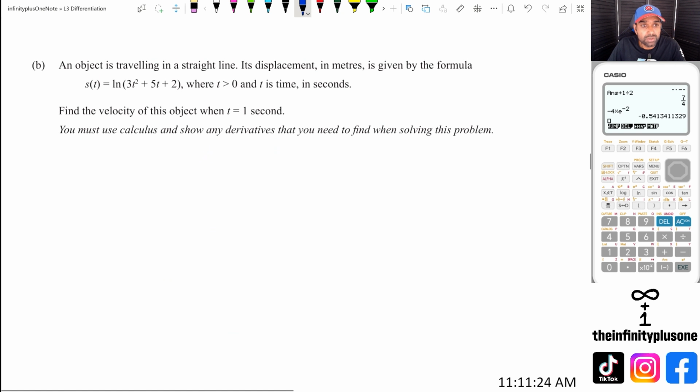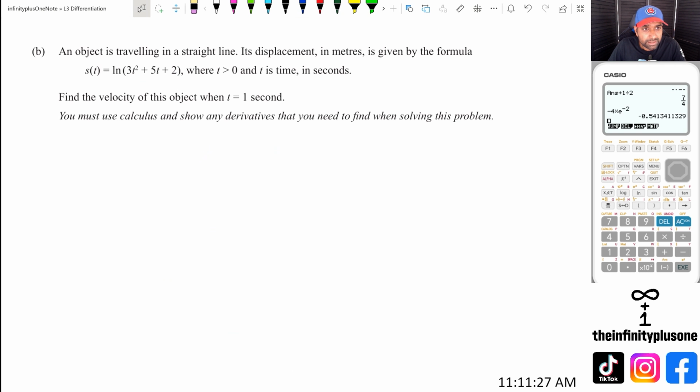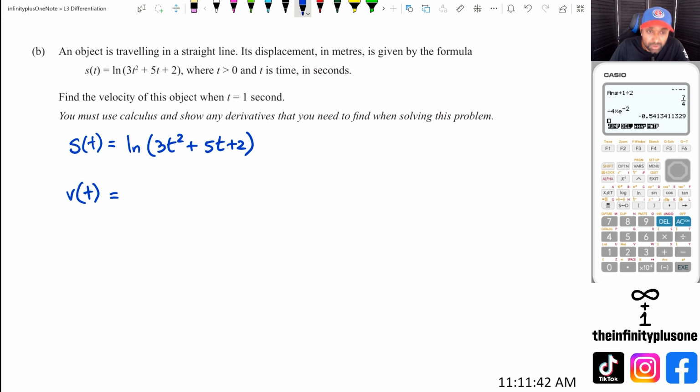All right, next question. What we've got is an object traveling in a straight line. Find the velocity of this object when t equals 1. So s of t is equal to ln of 3t squared plus 5t plus 2. Now, when I differentiate it, I get the velocity function. When I differentiate an ln, I'm going to get 1 over whatever's inside the bracket, which is 3t squared plus 5t plus 2. But I also have to multiply by the differentiation of this bracket, which happens to be 6t plus 5.